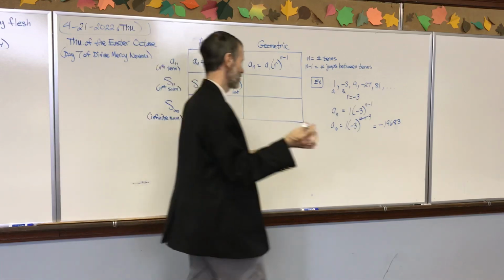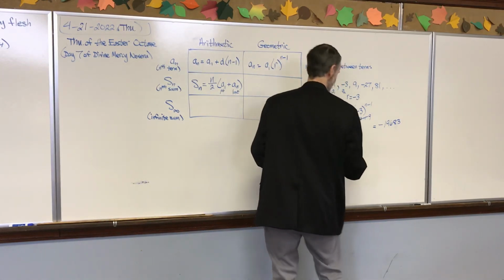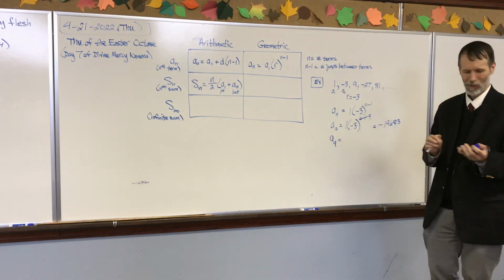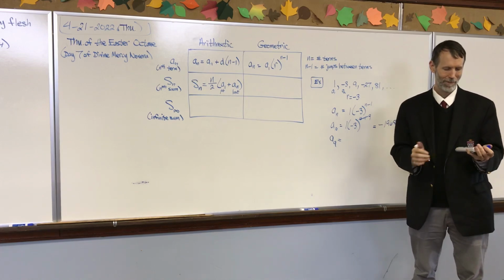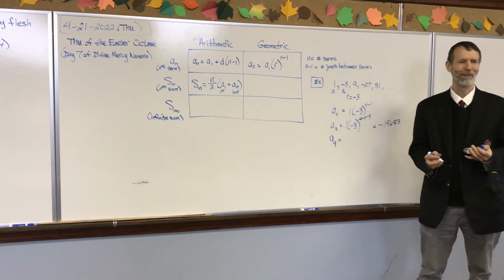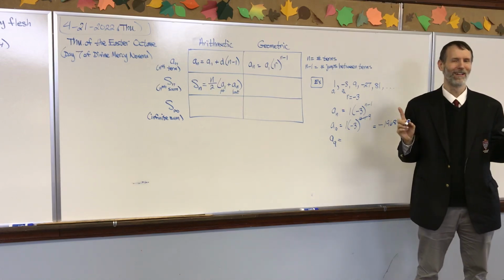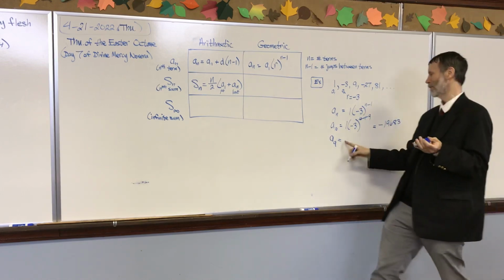Now let's see who can do this correctly. Find me the 9th term. There's about 50% of the people get something wrong about this on a calculator. What do you get? I want the 9th term.